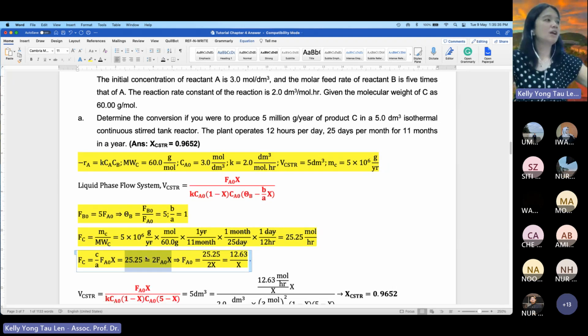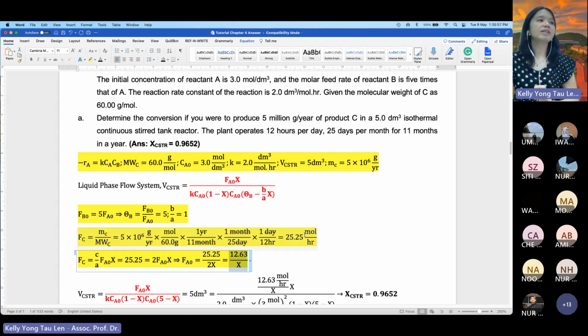I hope you can see from this correlation, saya bawa 2 dengan X daripada belah kiri ke belah kanan. So saya dapat 25.25 bahagi dengan 2X, maka equals to 12.63X. So FA0 saya bersamaan dengan 12.63 over X.